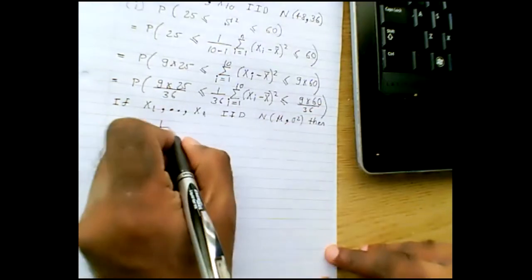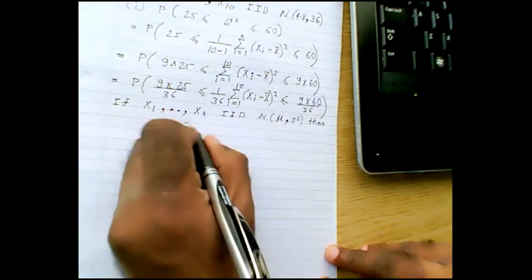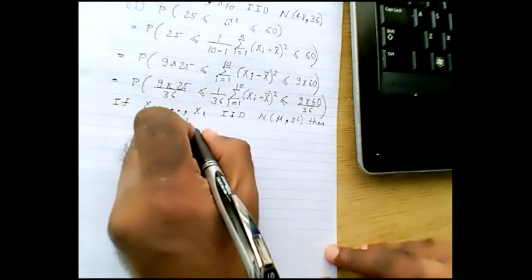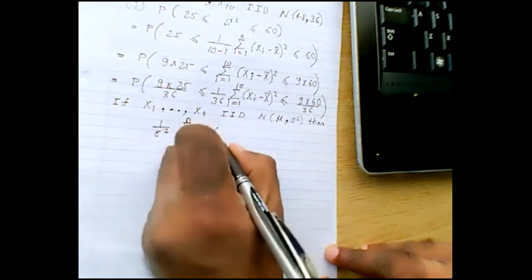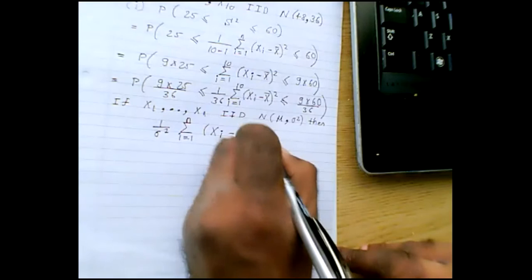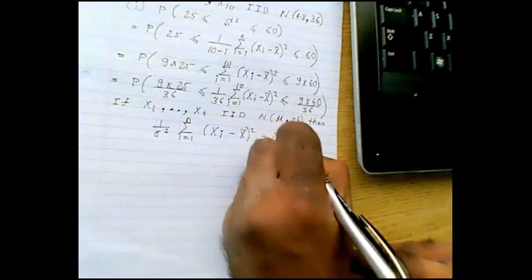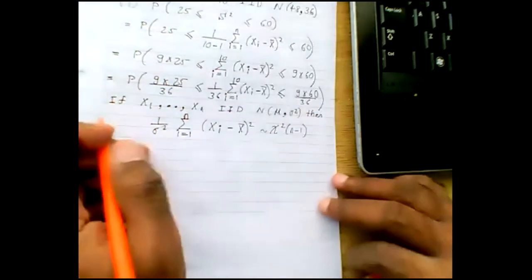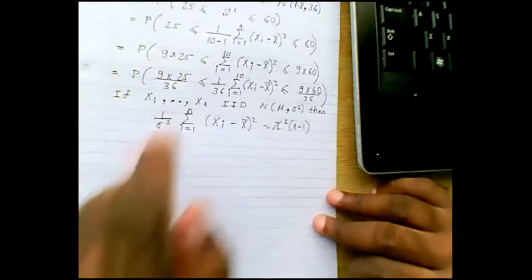I mentioned this result some time ago, you may recall. Do you remember this, guys, or not? So let me put this in the box so you may remember this.